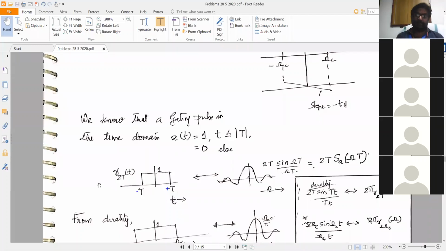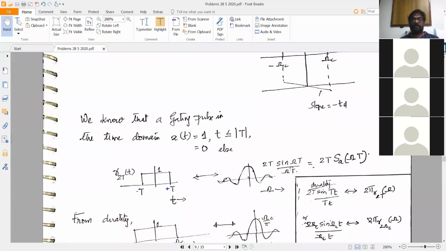So you have this result: this rectangular function in the time domain, R2T of t, has a frequency domain representation, or a spectrum, given by 2T sine omega T by omega T. Sine omega T by omega T you can write as Sa of omega T, the sampling function.